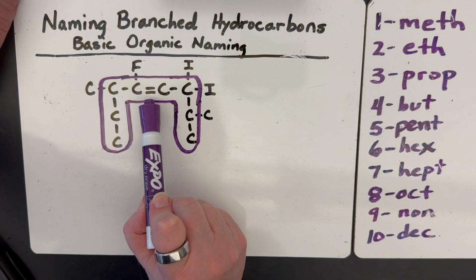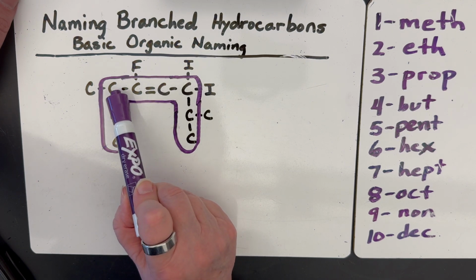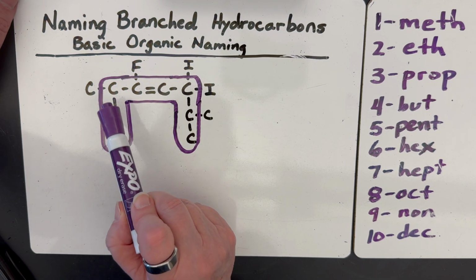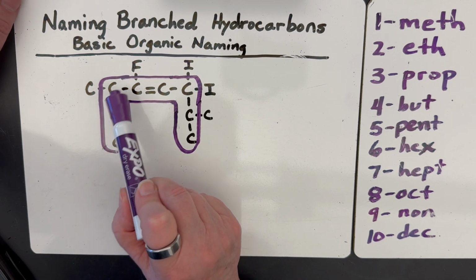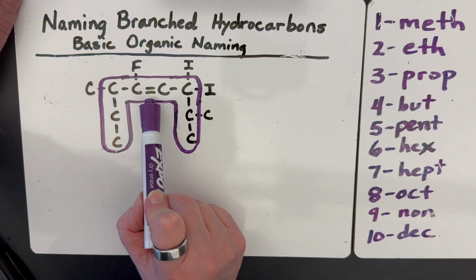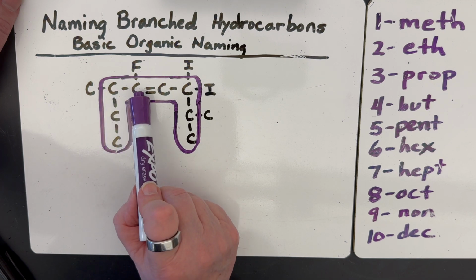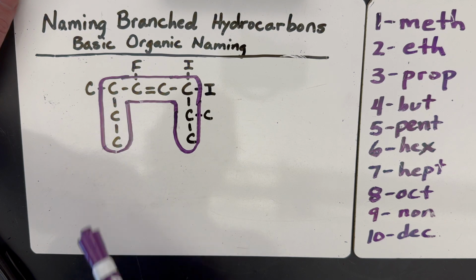Now our double bond is right in the middle. If it was off center, we would start counting on the end closest to it. But since it's in the center, we can number this from either side, because either way this is going to come out 4. 1, 2, 3, 4 between 4 and 5, or 1, 2, 3, 4 between 4 and 5.